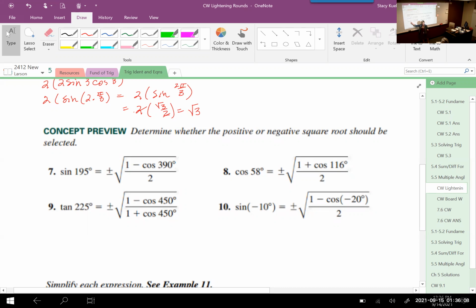It's positive, so I would use the positive value. Okay, that makes sense. So I'm not asking you to do anything except figure out where the half angle is. Then tell me if you're going to use the positive or the negative one based on the tangent or the cosine or the sine of that angle.